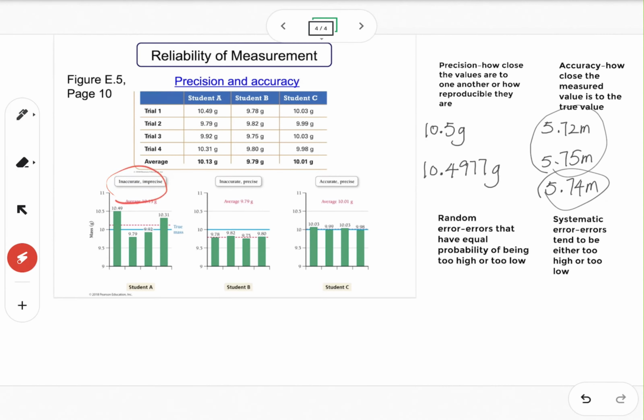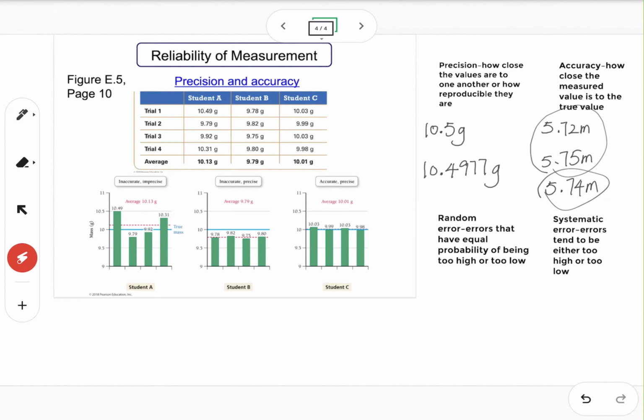The conclusion is inaccurate and imprecise. For student B, all 4 values are close to each other, so they are precise, but all 4 of them are quite far from the true value, 10.00 gram. So they are not accurate. For student B, the data is inaccurate but precise.